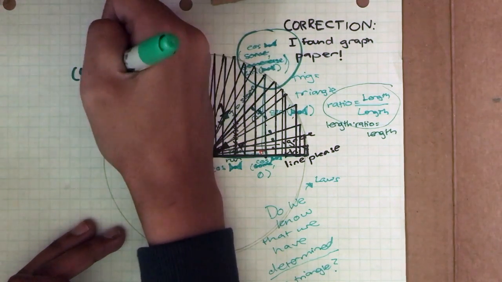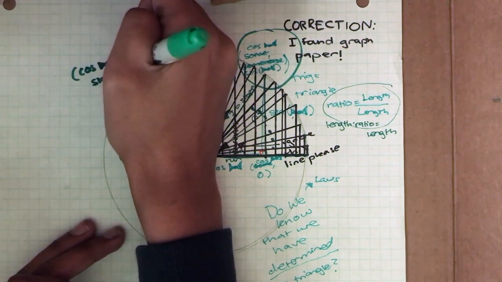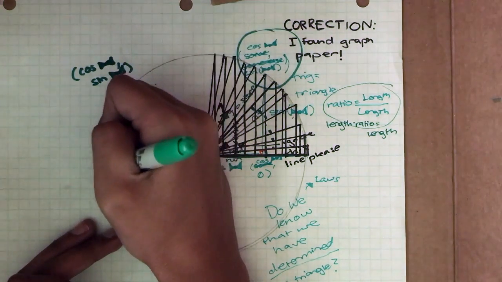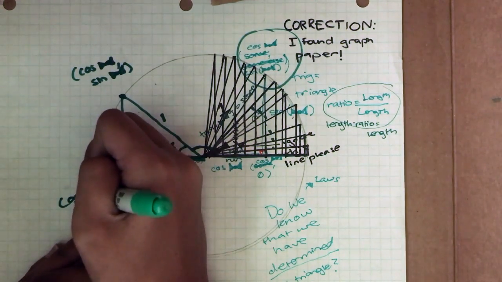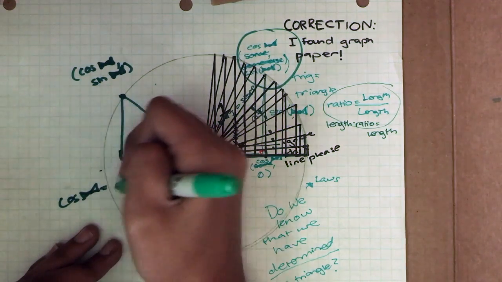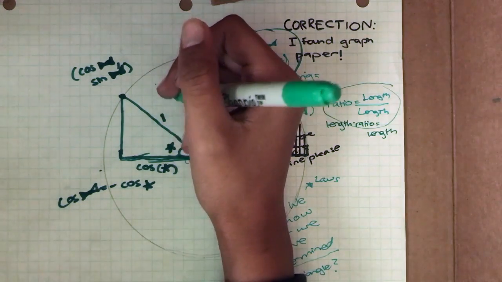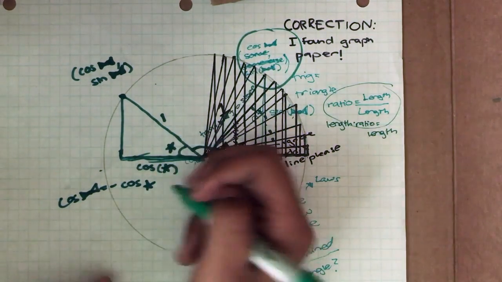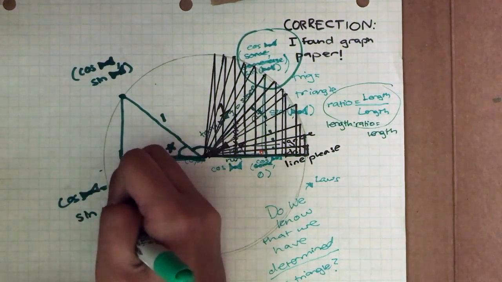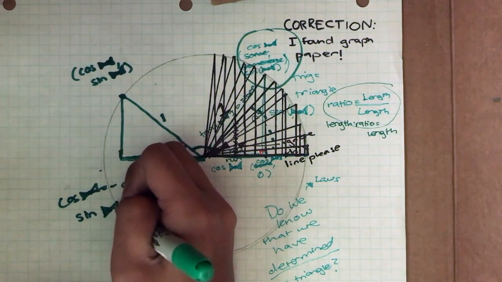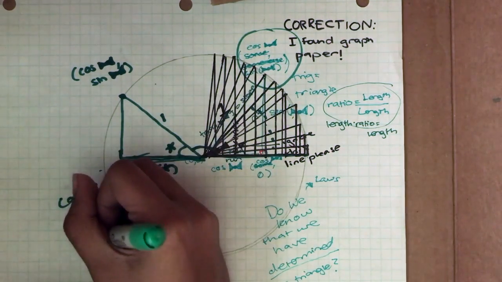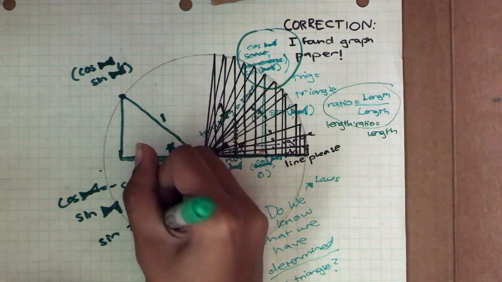Since it's going out cosine of star, but now in the negative direction, this coordinate, cosine of bow tie, is going to be the negative of cosine of star. We can do the same thing for sine and use this to find the functions for any angle. I would pause the video here and try to find the sine of bow tie in terms of the sine of star.